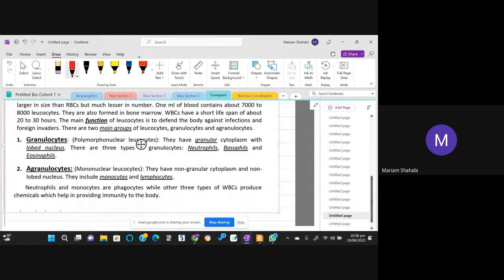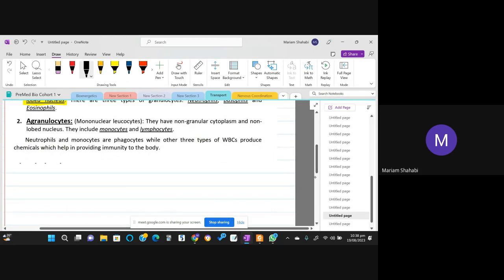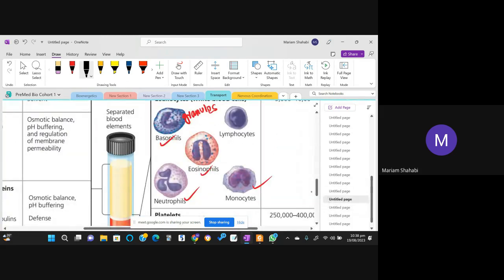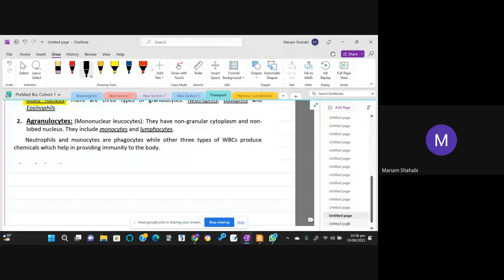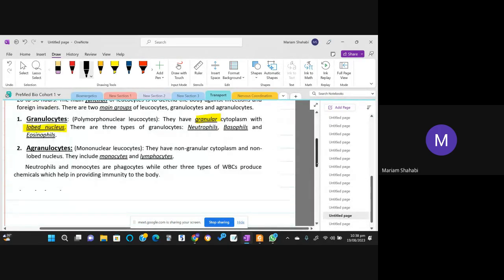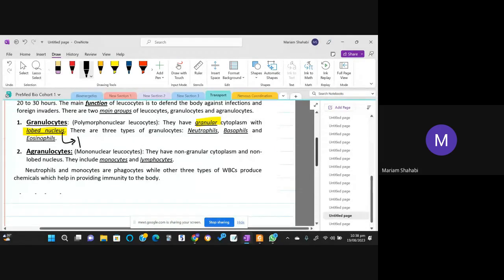They have granular cytoplasm, granules, and they have a lobed nucleus. Lobed nucleus, again, let me take you to the diagram. See, lobed nucleus. ये हम nucleus कैसे देखते हैं? Typically one circular structure. लेकिन यहाँ पे nucleus के कितने different shapes हैं. इसमें 3 lobes नजर आ रही हैं, इसमें 2 lobes नजर आ रही हैं, इसमें भी 2 lobes नजर आ रही हैं. तो the nucleus is lobed. इसकी वजह से they are also called polymorphonuclear.